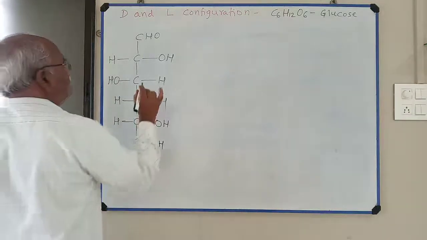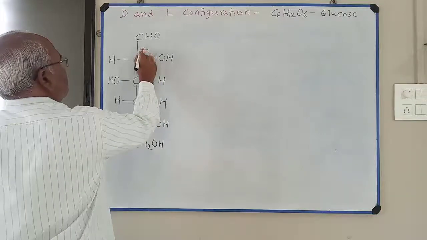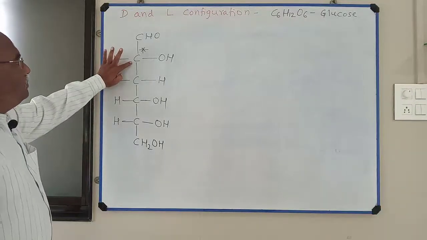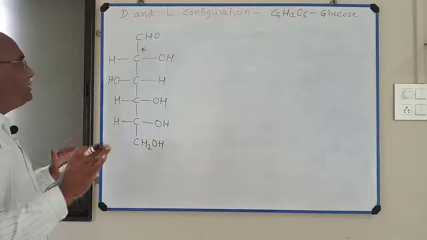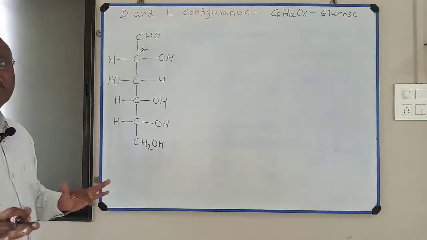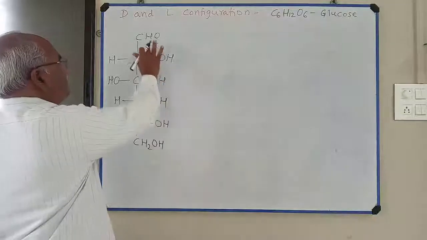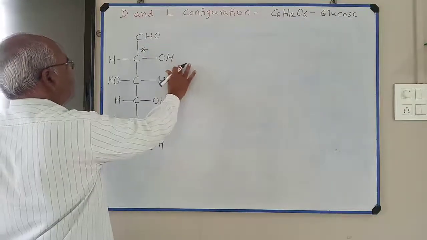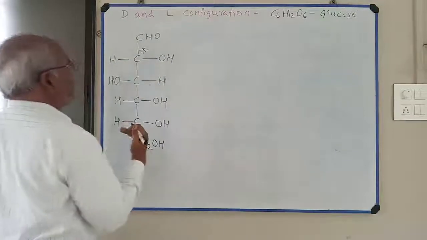Now you see, this is an asymmetric carbon atom. A carbon which is bonded to 4 different atoms or groups is called an asymmetric carbon atom. Here is the CHO group, here is OH, here is hydrogen and the rest is the remaining group.